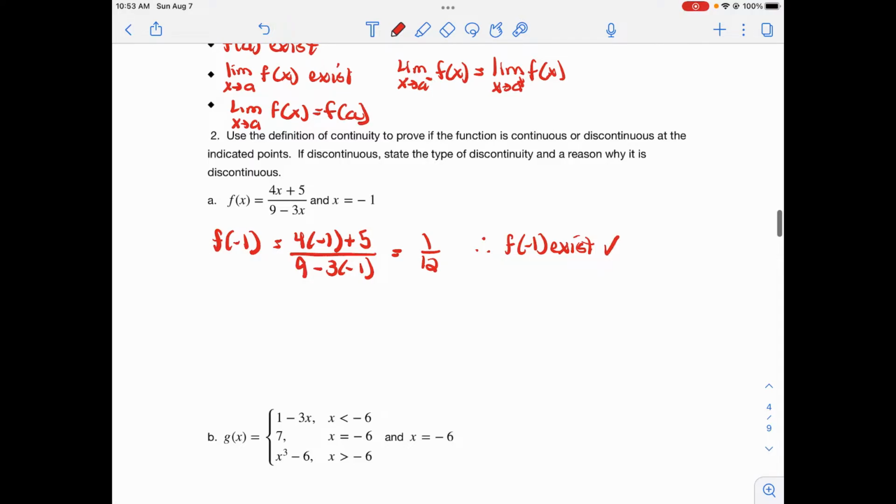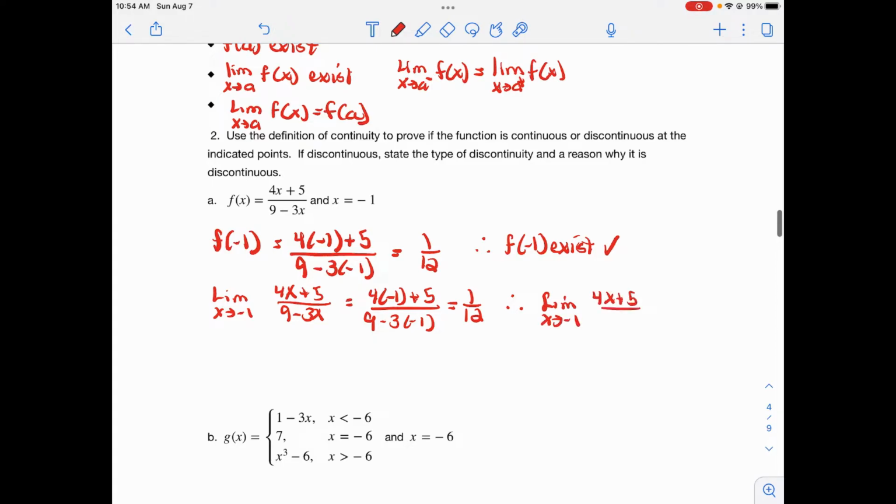Now let's try our second condition. The limit as x approaches -1 of our function. All right, let's try direct substitution. And that is 1/12. So therefore, the limit as x approaches -1 of our function exists, and both of those answers were 1/12.